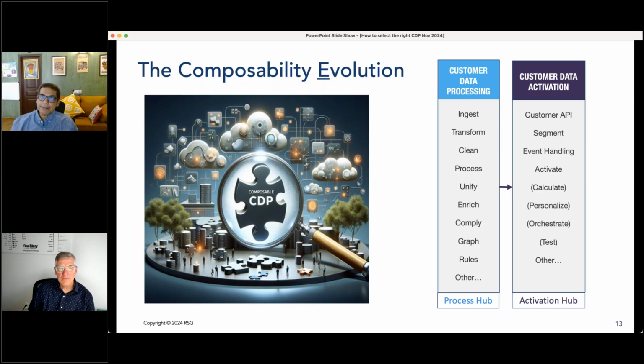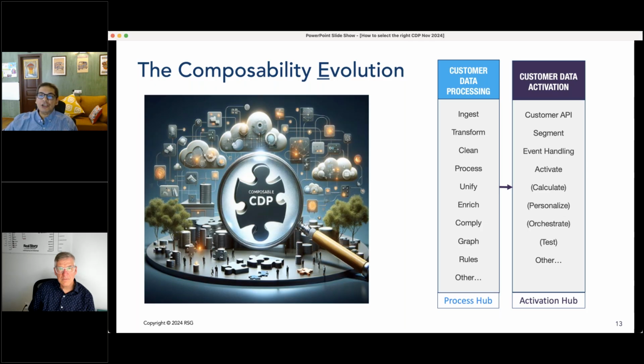So traditionally, CDPs aim to handle both these layers comprehensively, or at least vendors claimed they could, right? But modern CDPs are increasingly specializing in a subset of these services, and this specialization is expected to grow in future, right? With one layer doing data processing, so ingest, transform, clean, process, etc., and the next layer doing more of activation, so putting the processed data to actual use, right?